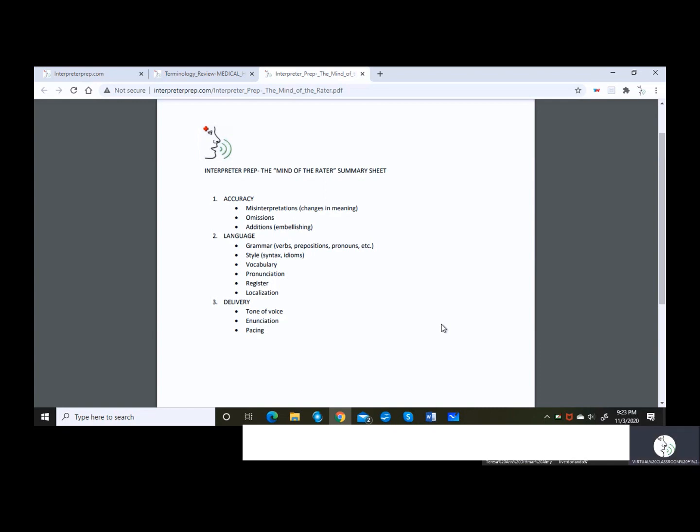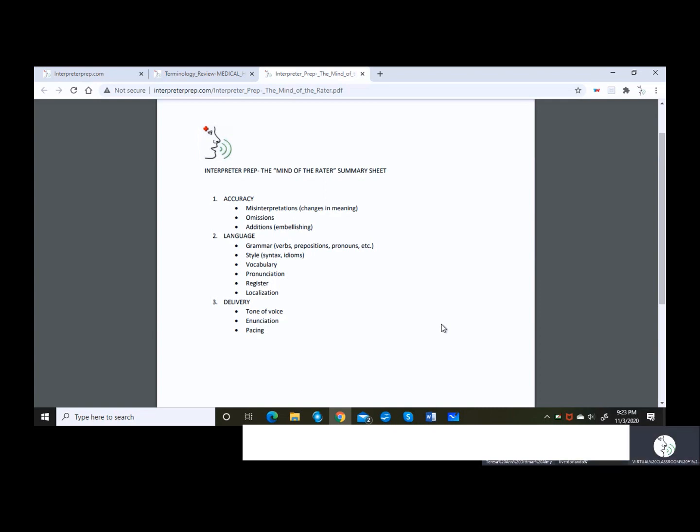So if you know the idiom in the other language, I'm not saying that there's an equivalent idiom for every expression, and if you didn't know the idiom, you would at least interpret piece of cake as esto es fácil. Right? That's what I would have done, because I didn't know pan comido. Pan comido tampoco, yeah.